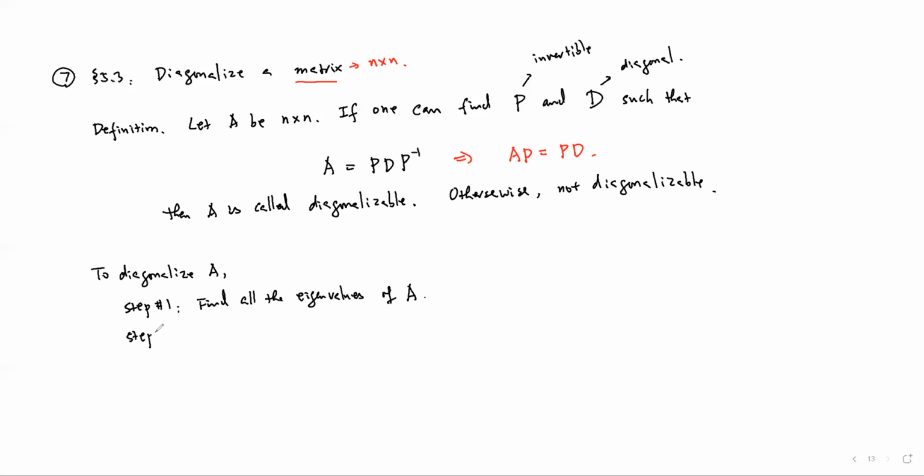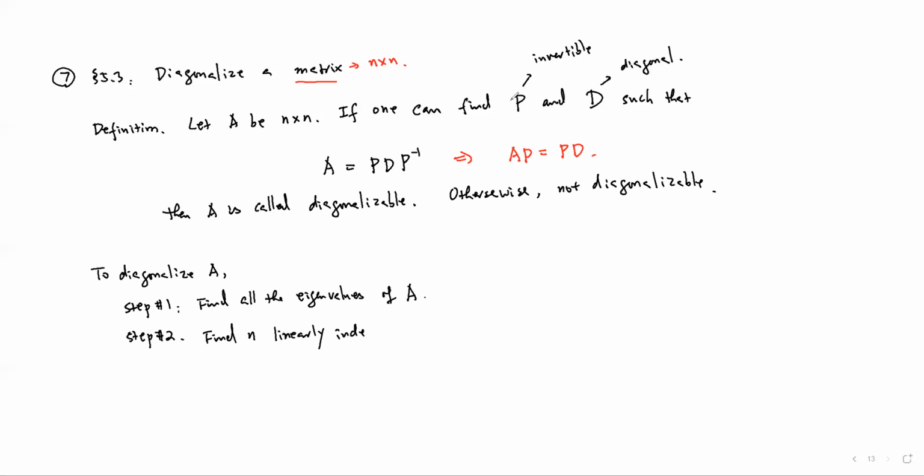Step 2. After we get all the eigenvalues, for each eigenvalue, find linearly independent eigenvectors. Linearly independent, because P is an invertible matrix.